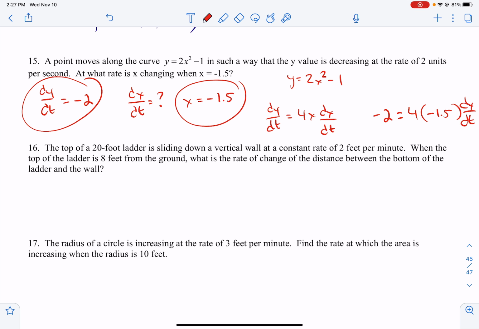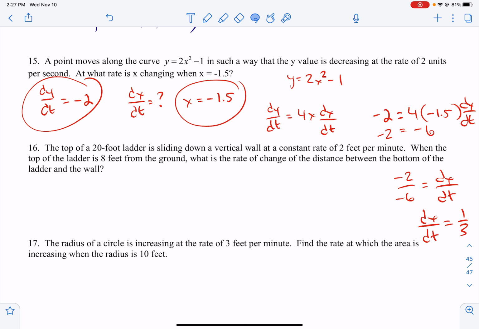So I'm trying to get dx dt alone. So 4 times negative 1.5, that's going to be negative 6, right? And I'm going to divide that over to get dx dt alone. So I got negative 2 over negative 6 equals dx dt. So dx dt, my change, is going to be 1/3. So that means when y is changing at a rate of 2 units per second, x is changing at a rate of 1/3 units per second.